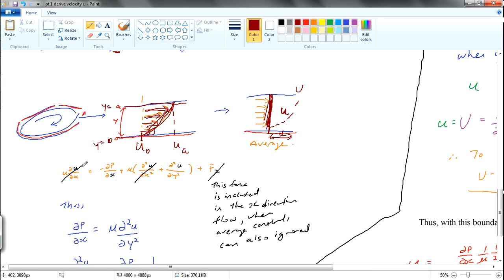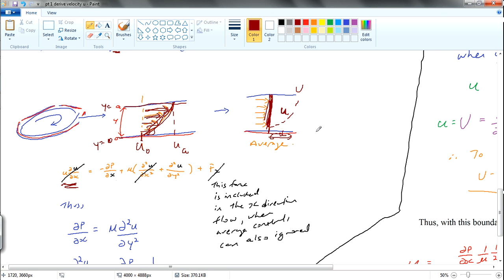And since there is nothing in the x direction, the velocity u itself is also ignored, because as I explained, this is average, so nothing changes. They're all the same, so there is no variation in the x direction, and therefore this is also cancelled. There is no force acting on it.